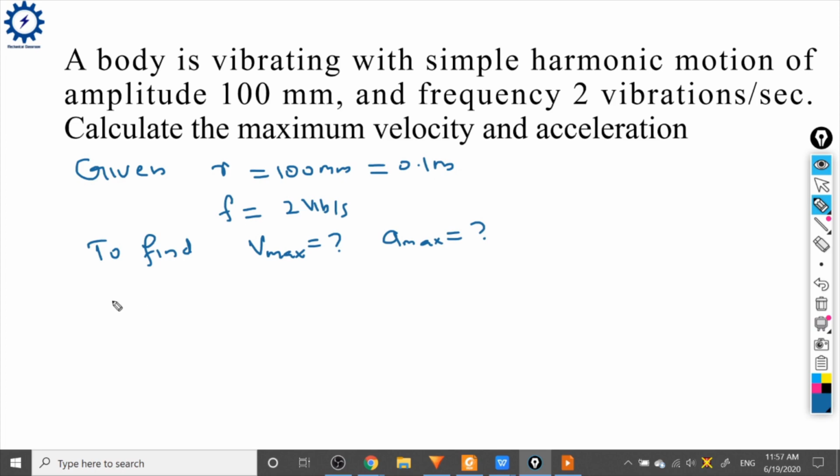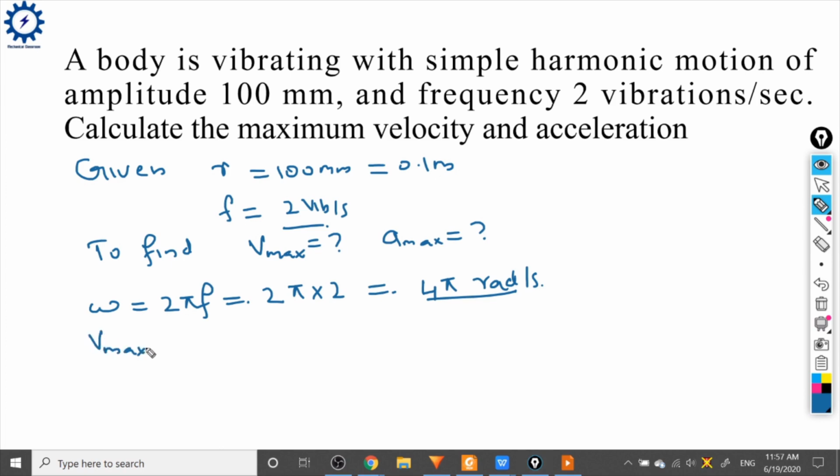So, what is the expression for omega? We know omega equal to 2 pi f, 2 into pi into f, f is nothing but 2. So we will be getting 4 pi radian per second. This is our omega. Now we can determine maximum velocity.